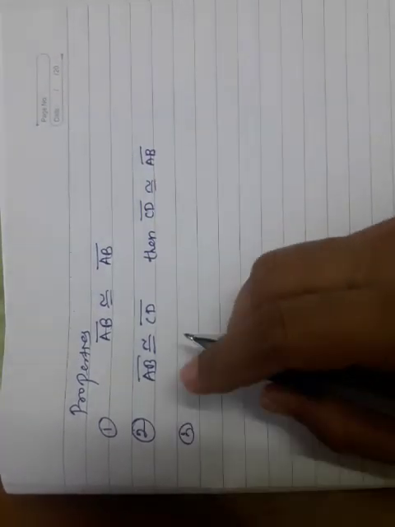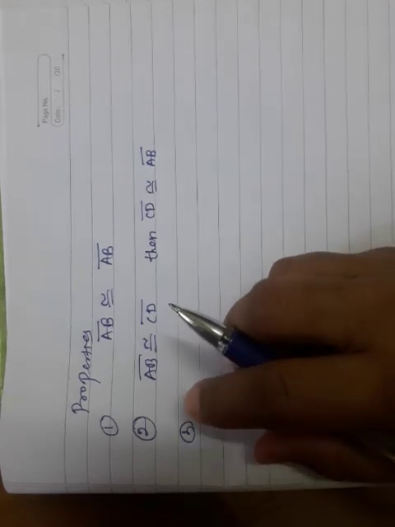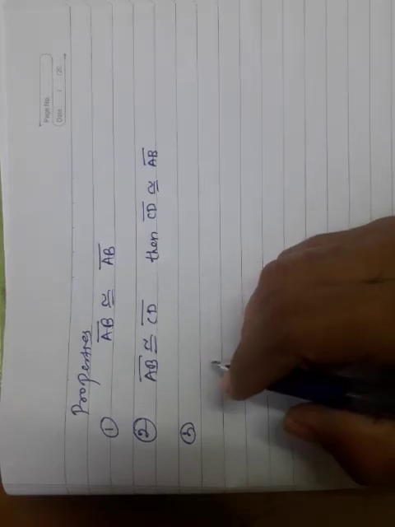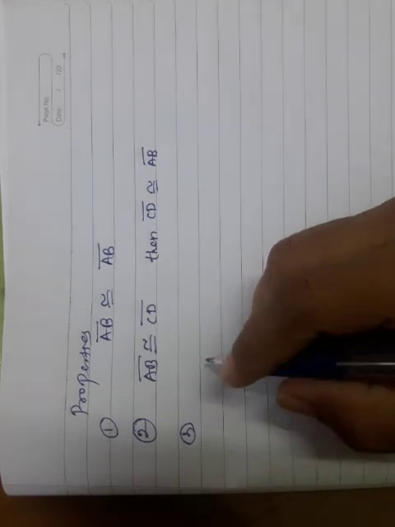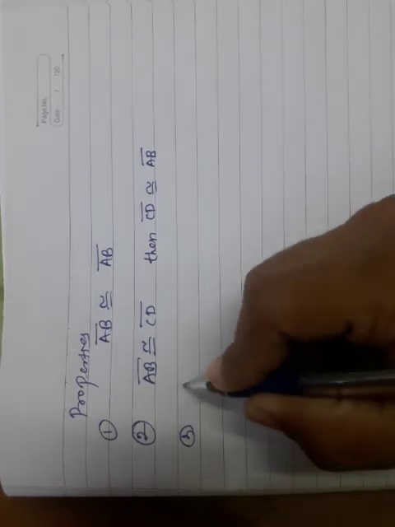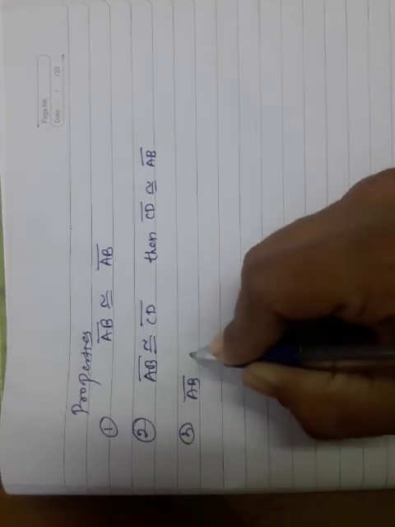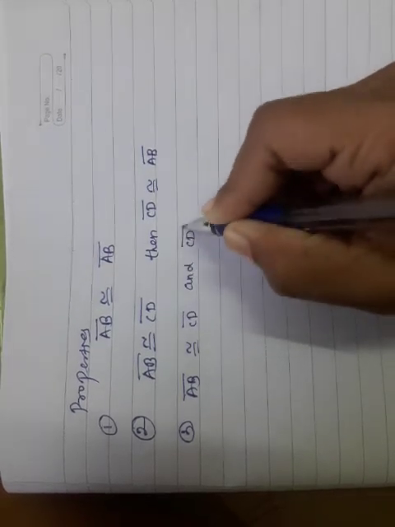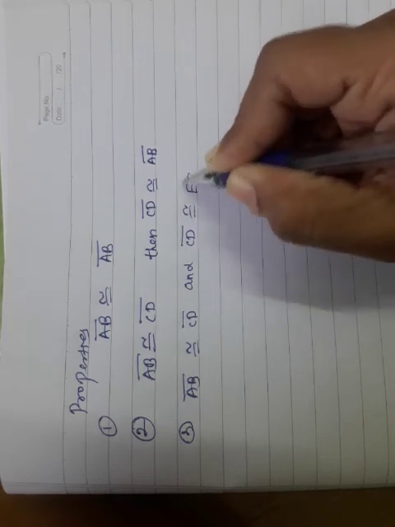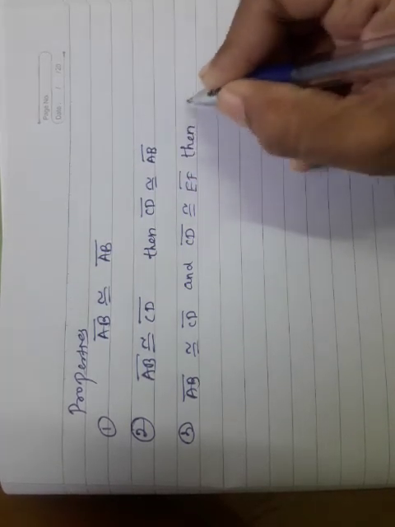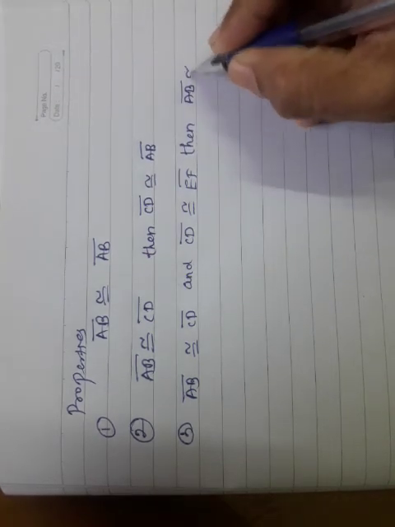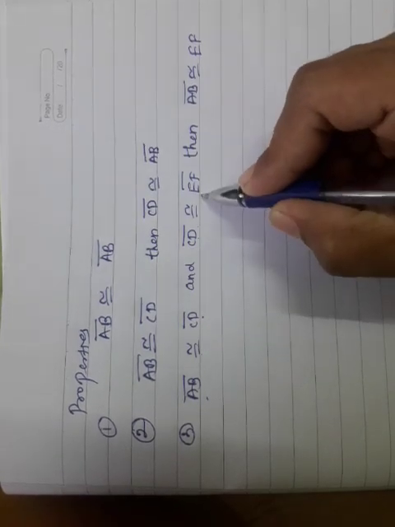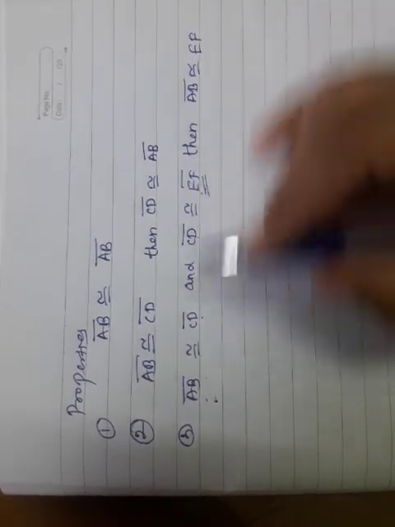And the third property: if AB, CD and EF are three line segments, and AB is congruent to CD and CD is congruent to EF, then AB is congruent to EF.